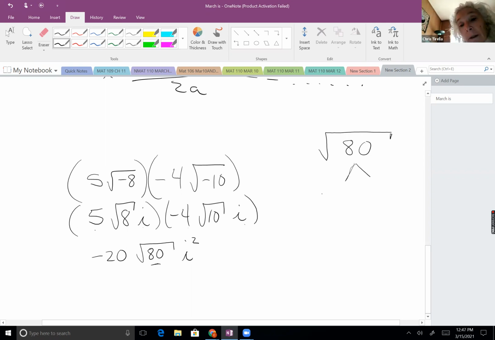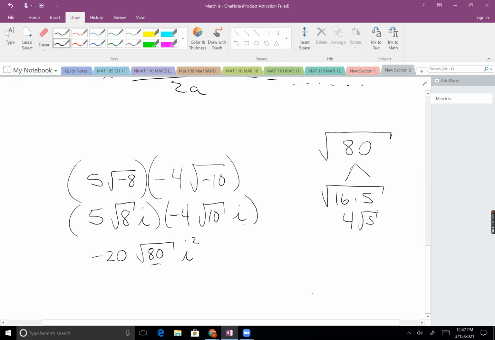I think we can look at 80 as being 16 times 5. The square root of 16 is 4, so 4 square roots of 5. And so this becomes -20 times 4 times the square root of 5 times i squared, which would be -1. And from there, can I go on the assumption you're all right finishing?